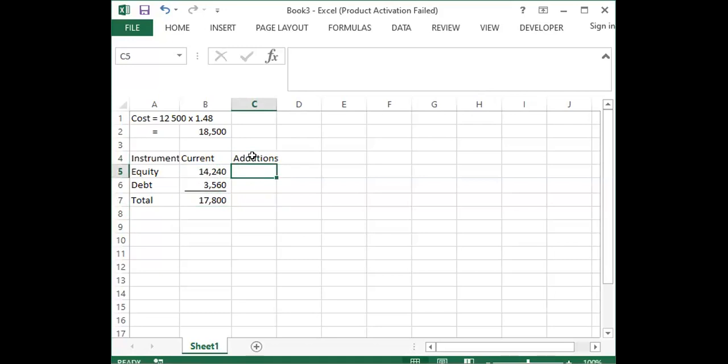A number of you were asking me questions with regards to this on the assignment, so this is also another opportunity to get the answer. On the additions here, we basically want to add 18,500. That's an addition. This is the amount that we need to raise there.